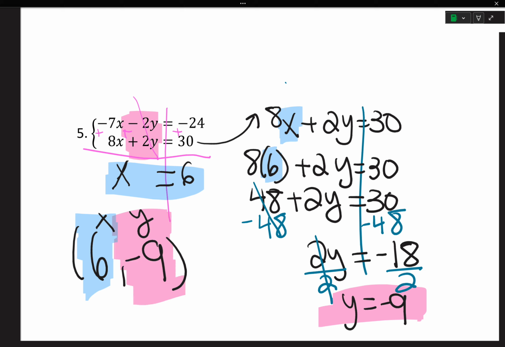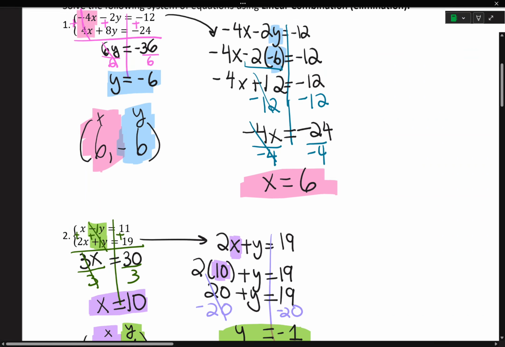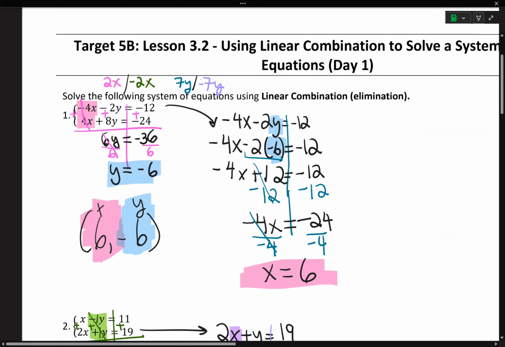Now, opposites won't always exist. I think that's pretty much a given. These are nice and they're set up that way. In a later lesson, I will show you what we're going to do when we don't have opposites. Right now, let's just get comfortable with the process and solve some problems through linear combination.